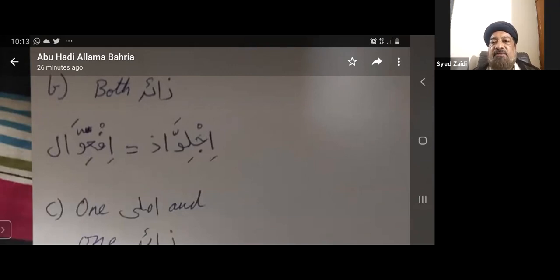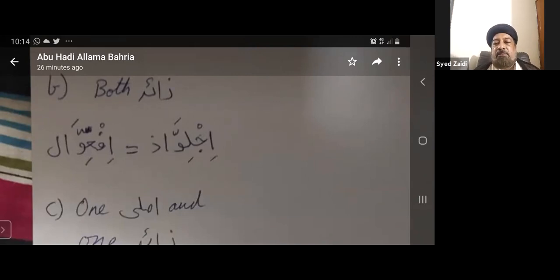And then you see alif, so alif is repeated because, as you have read in the previous formulas, we're repeating the same formulas. But what we're doing here is giving an example. If you have letters where both are zaid, so both of the waws are zaid, right? Ijlawwaza is equal to if'alla.